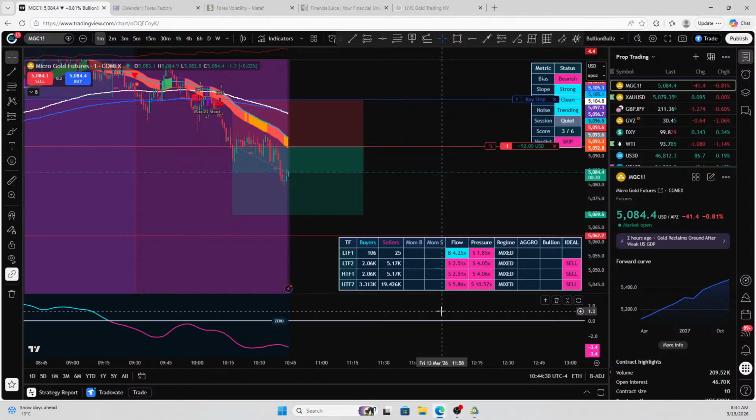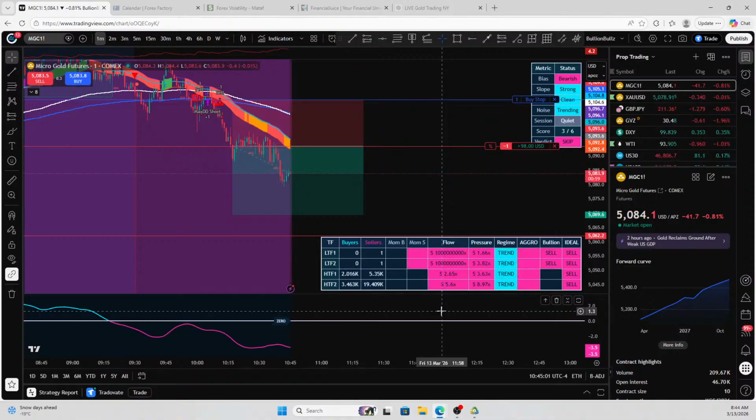However, it came prior to the buyers or sellers starting to dominate. So once the sellers started to dominate, we took our trade with the sellers, and we're just waiting for our profit target to hit, or price reverses and takes us out.